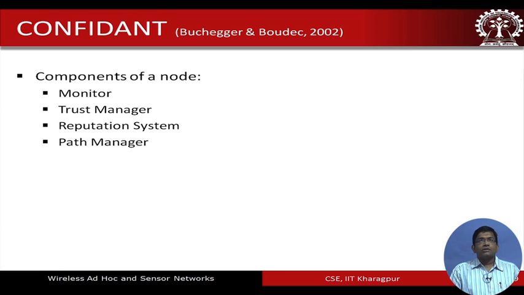So, these are the components of a node when implementing CONFIDANT: monitor, trust manager, reputation system and path manager.